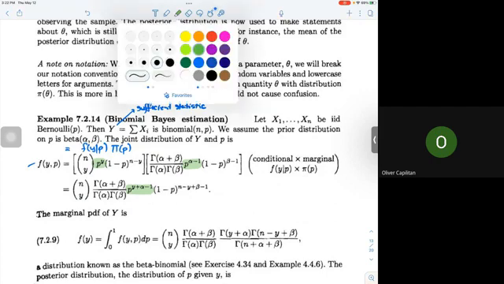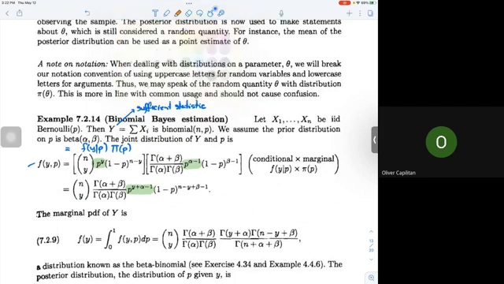And then we can also have 1 minus p raised to n minus y, 1 minus p raised to beta minus 1. So we have this product. And then we copy the remaining factors. So we have the combination of n taken y, and then we have this fractional expression of gamma of alpha plus beta divided by the product of gamma alpha and gamma beta.